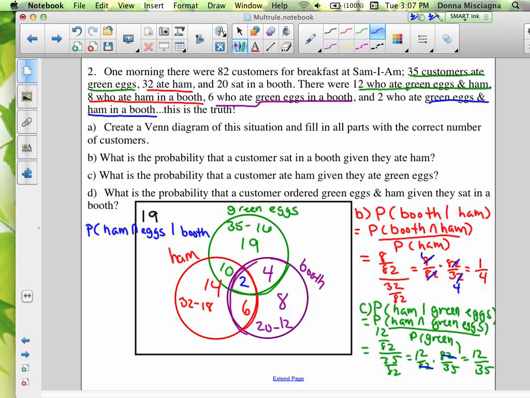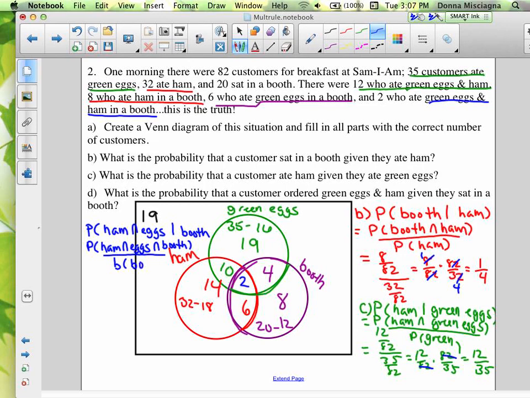I'm going to have to write over my Venn diagram, making sure I don't write on the words though. So that would be the probability of ham and eggs and Booth, divided by the probability of Booth.